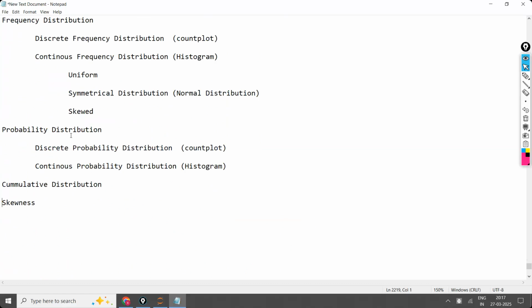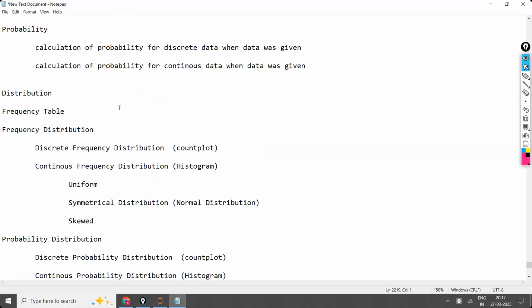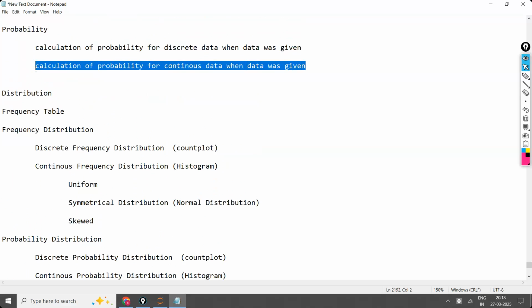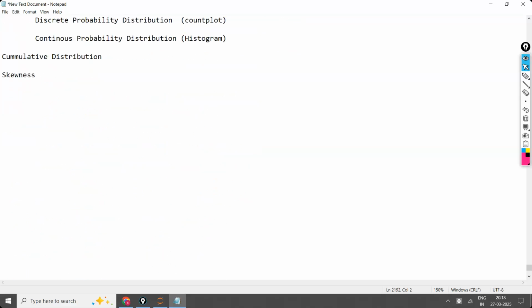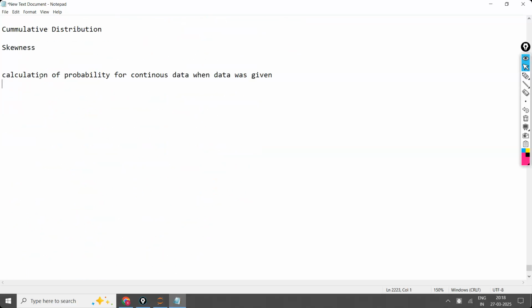Any questions? Now, if you clearly observe, we checked the calculation of probability for continuous data when data was given. Now we are going to work on the next concept: calculation of probability for continuous data when data was not given.